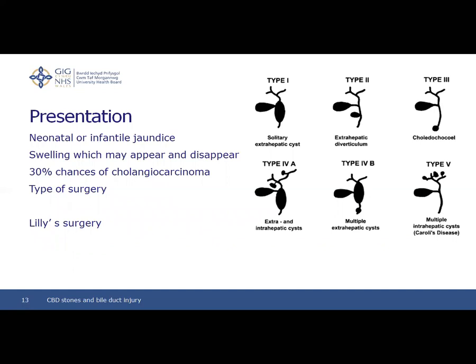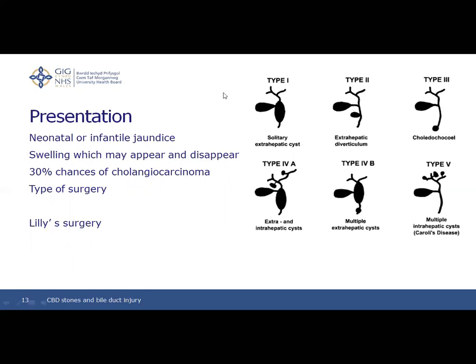And there are a few other causes where the swelling appears and disappears. Why this choledochal cyst is more important is that there is a 30% chance of cholangiocarcinoma in these patients when it is left out or not treated in a proper way.